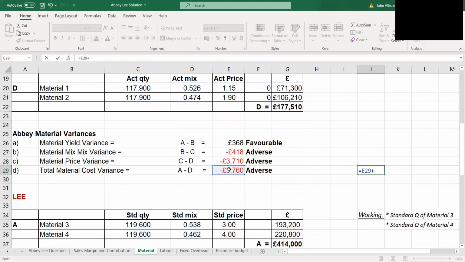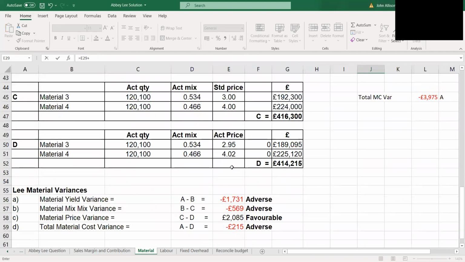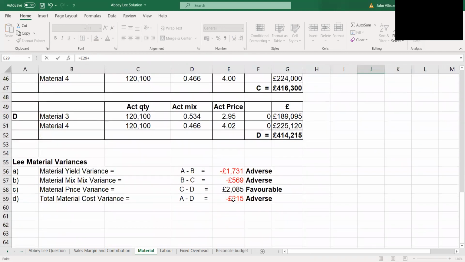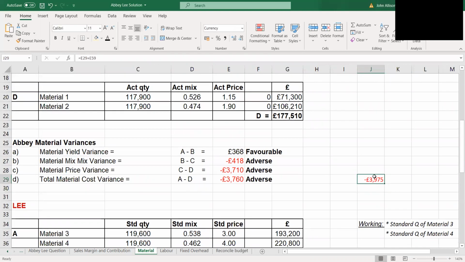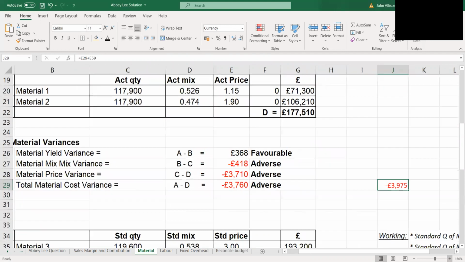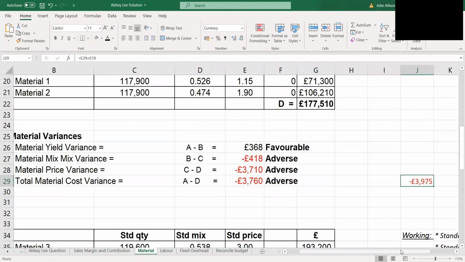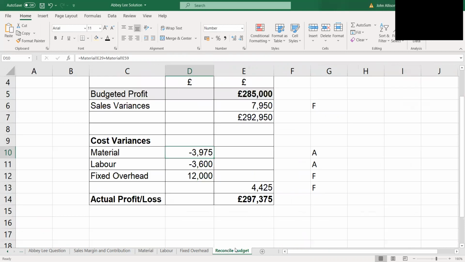And to that we'll add on the material cost of making Lee, which was £215 adverse. So overall then, for the material costs, there was a £3,975 adverse variance. In other words, producing the material cost £3,975 more than we thought.